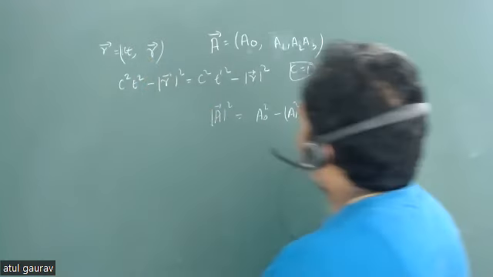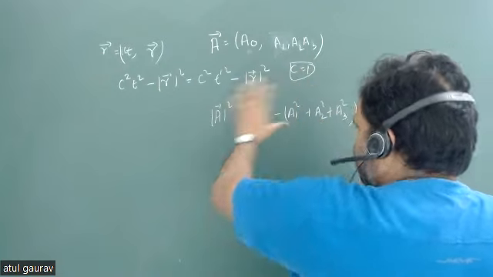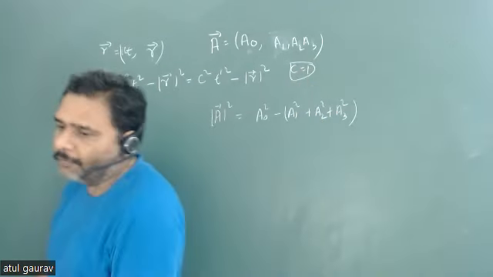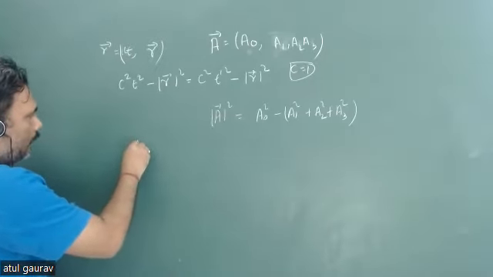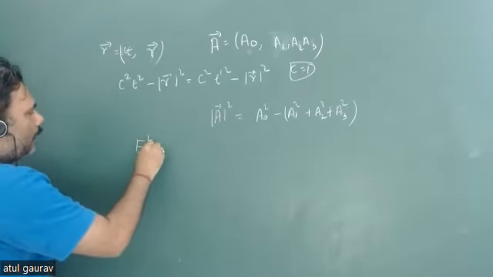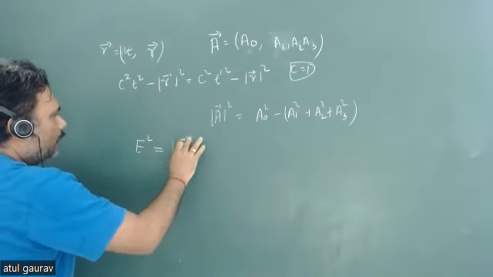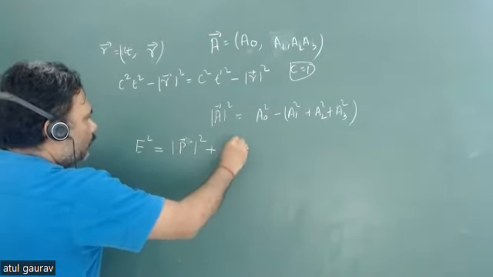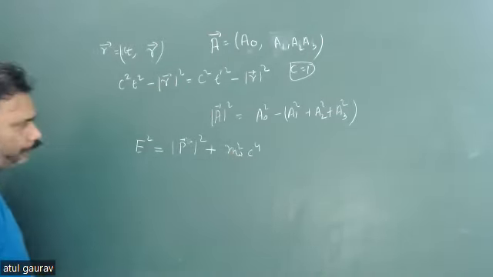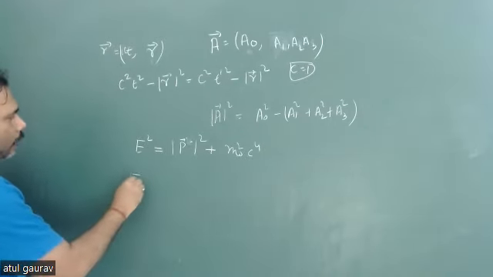And now, if you have this sort of information, then look at one very beautiful expression in your special theory of relativity. You have E square is equal to P square, and this P square is nothing but mod P square plus m naught square C4, isn't it? I can rearrange this whole equation.